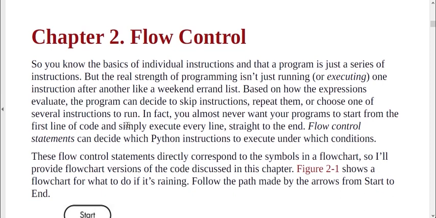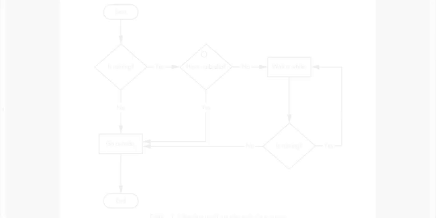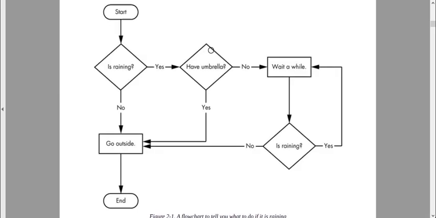For that, let me show you an example, the best example for flow control. Here I have a flow chart showing what to do if it is raining or if it is not raining. I'm starting it and I'm checking the condition whether it is raining or not.